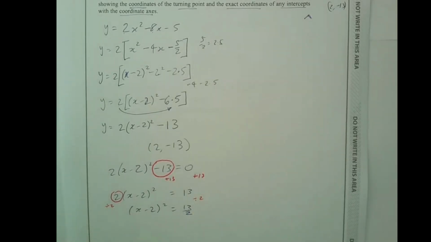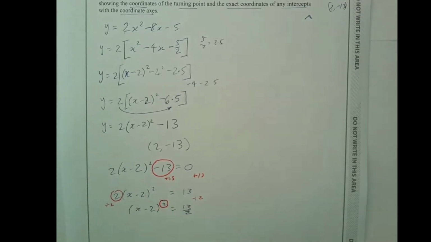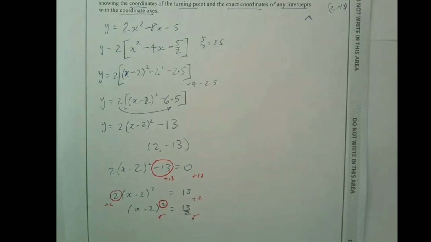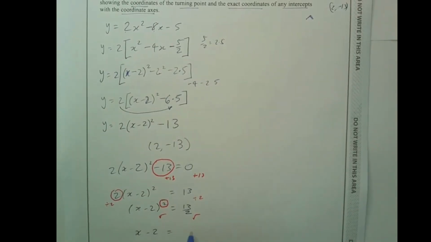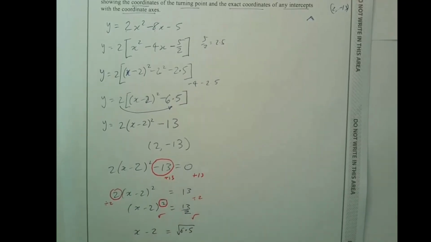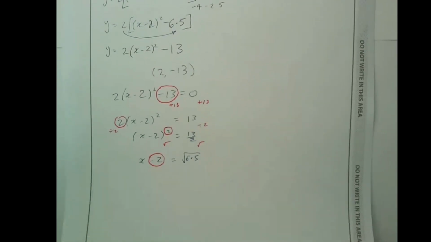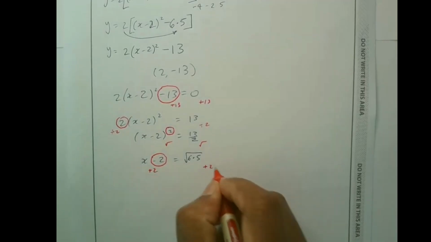Now I need to remove the squared part. The opposite of that is going to be square rooting. So this becomes x minus 2 equals the square root of 6.5. And now I need to get rid of the minus 2, so I need to add 2 on both sides.